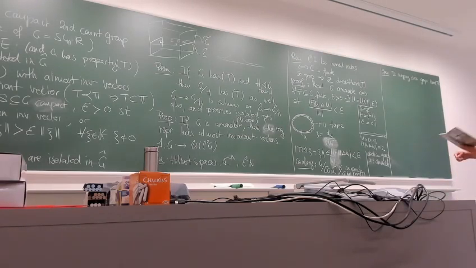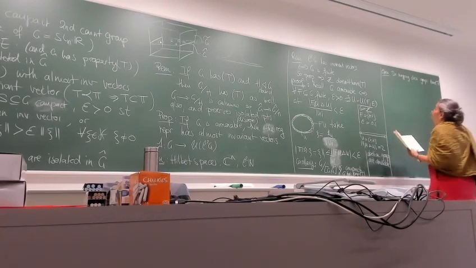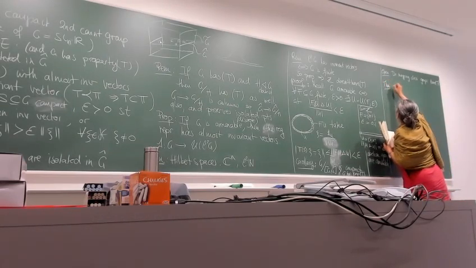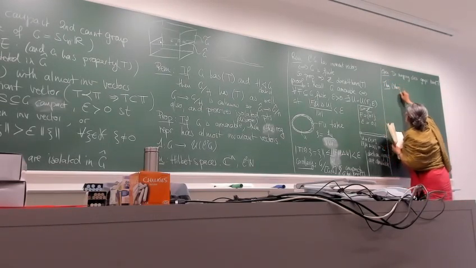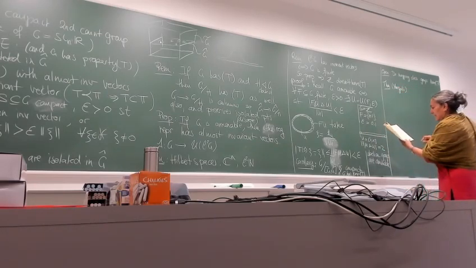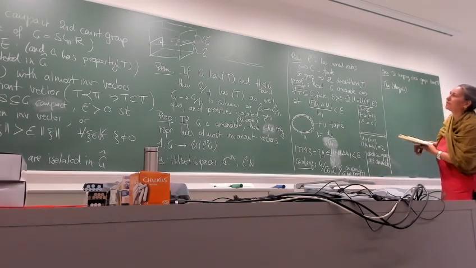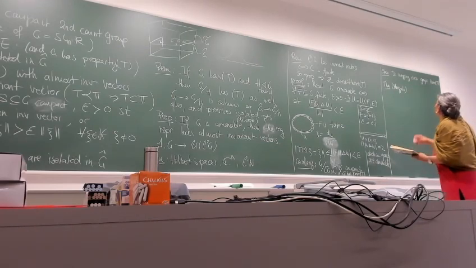Okay, so let me just go to the result I told you I would prove, which is the theorem by Margulis. I'm just going to give you a spoiler before.